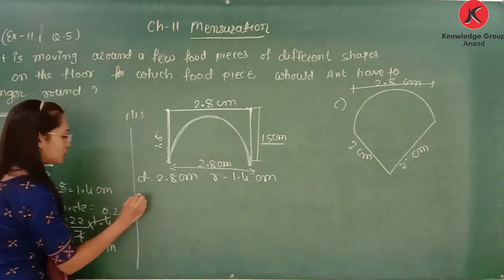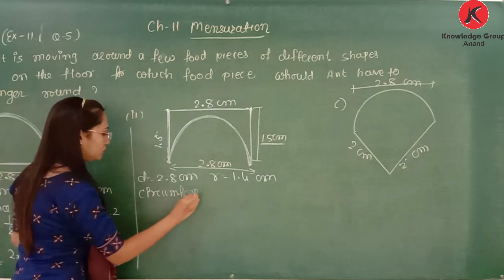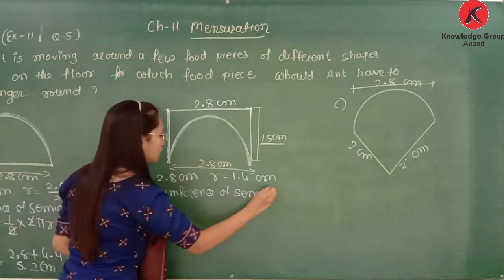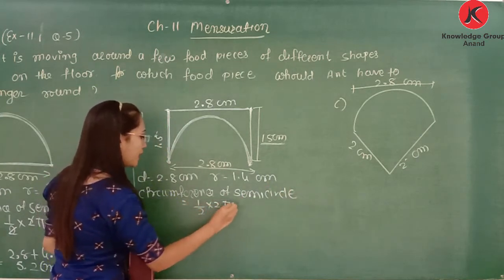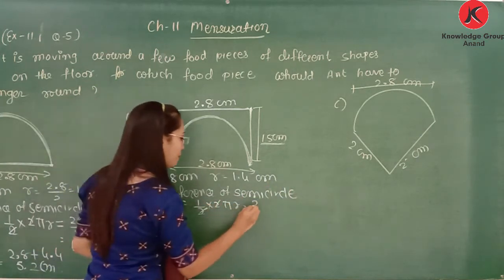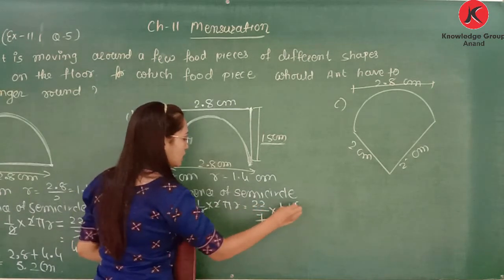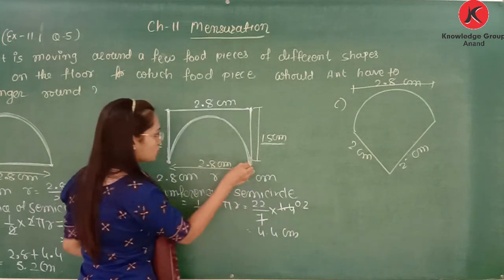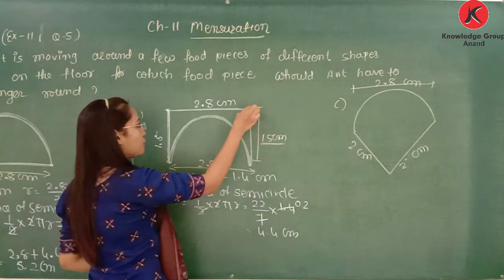So the semicircle circumference is the same as the previous one: 1 by 2 into 2 pi r. The 2s cancel. Pi is 22 by 7, the radius is 1.4, so it is 0.2. So it is 4.4 centimeter. So this length is 4.4. So we add 4.4 plus 1.5 plus 2.8.